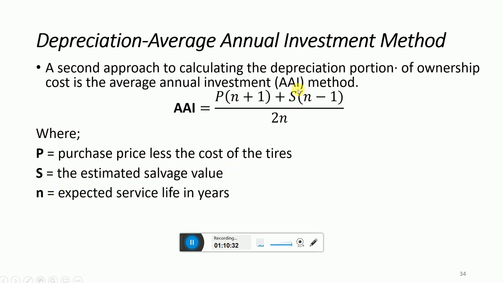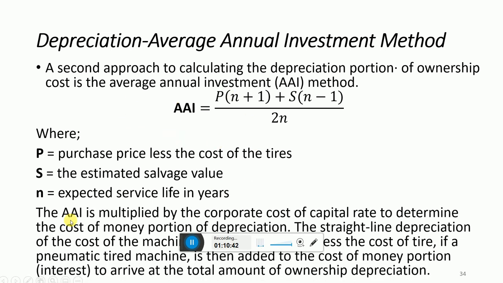N is the expected service life. In this case, the average annual investment is multiplied by the corporate cost of capital rate to determine the cost of money of the depreciation. The straight line depreciation of the machine is less the salvage and less the cost of tires if a pneumatic tire machine is used.